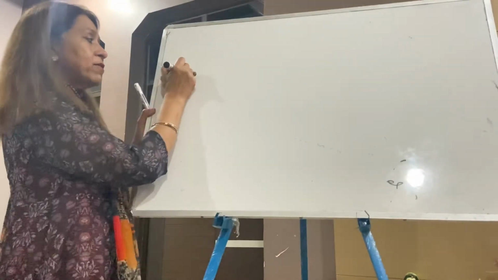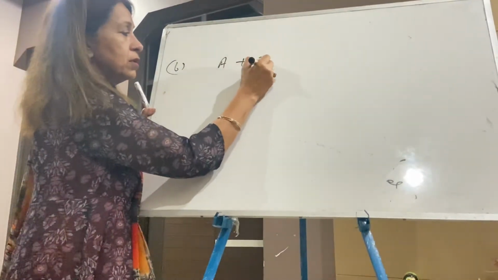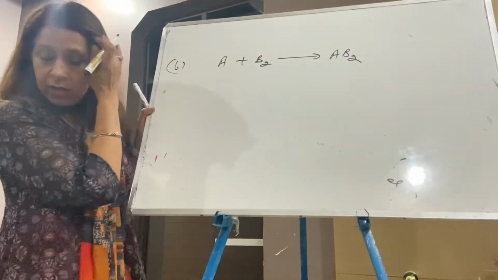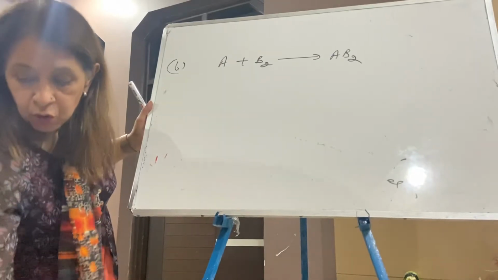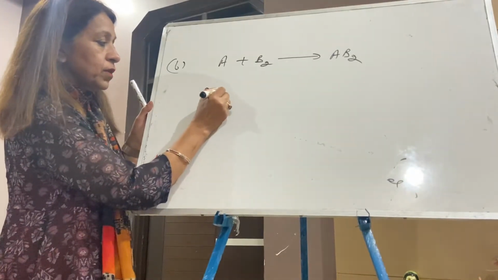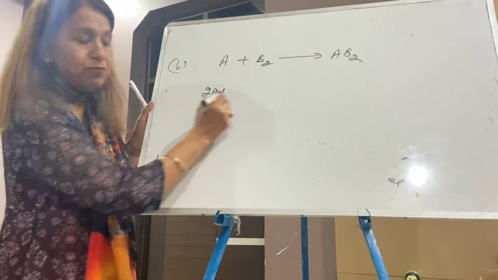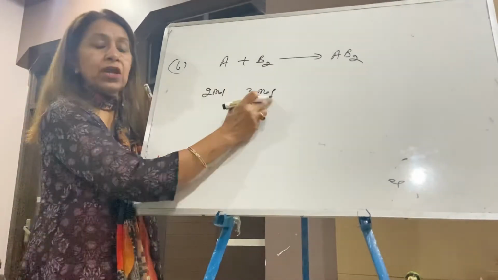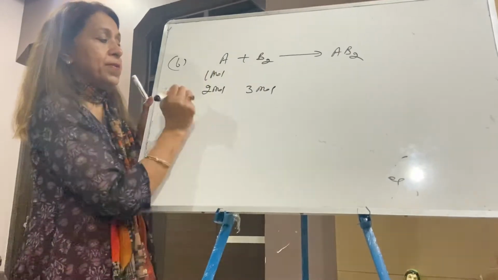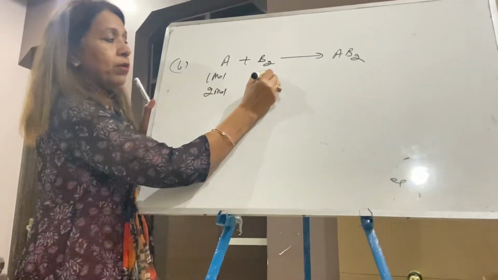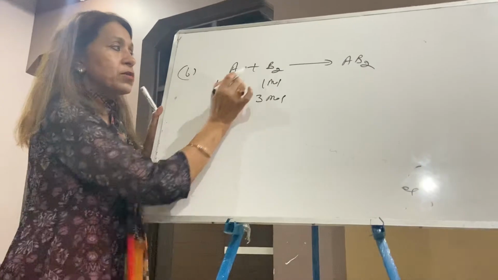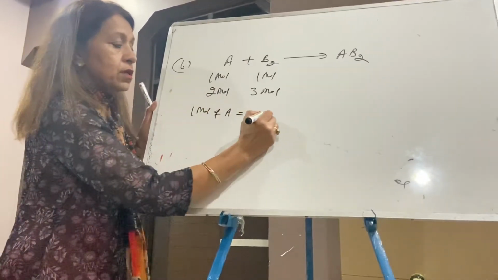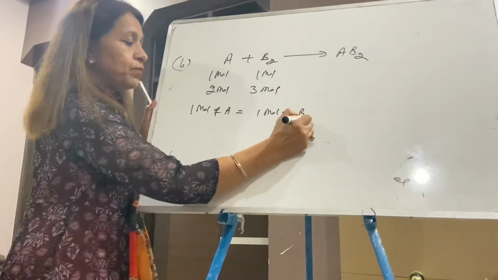Now the B part. Again the same reaction: A plus B2 arrow AB2. The question is, 2 mole of A is given and 3 mole of B2 is given. Which one is the limiting reactant? Since moles are given, write mole on the upper side. 1 mole of A is equal to 1 mole of B2.